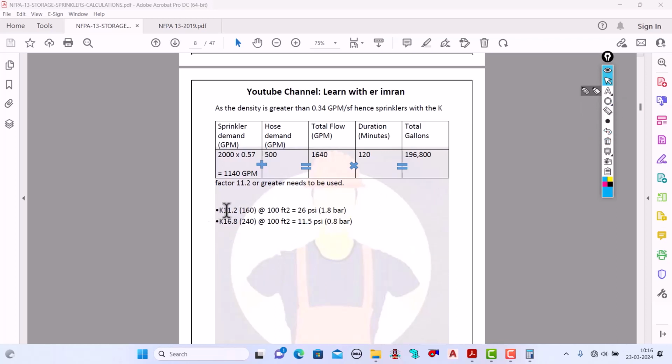So here we can select 11.2, or more, such as 16.8. Now what will be the minimum pressure, because we need to do the hydraulic calculation? Say we select 11.2. And what is the coverage area of one sprinkler as per extra hazard, because all storage type sprinklers we calculate as per extra hazard? The area of operation of one sprinkler will be 100 square feet.